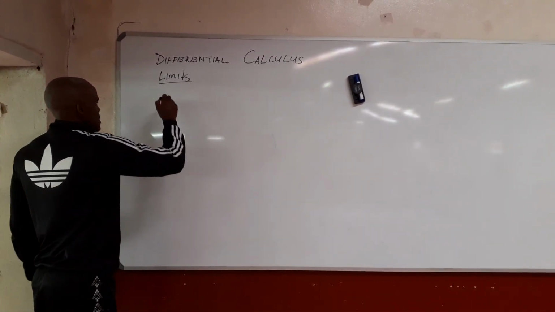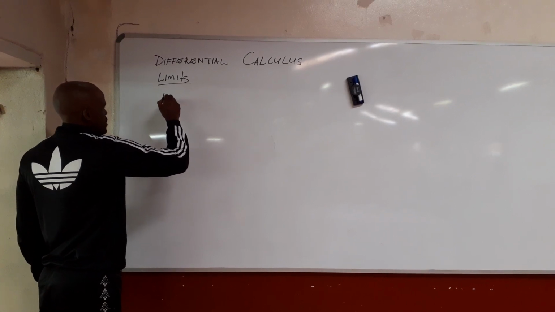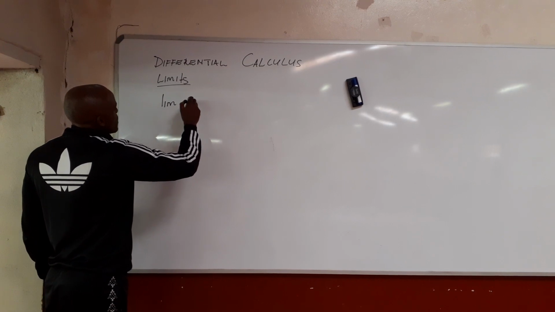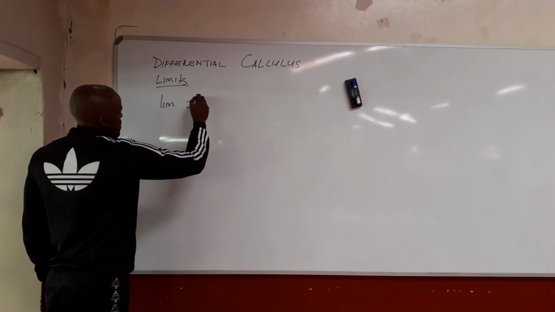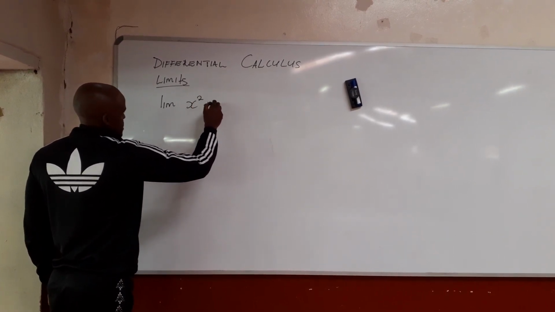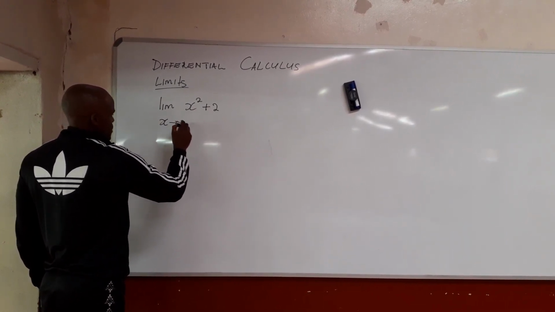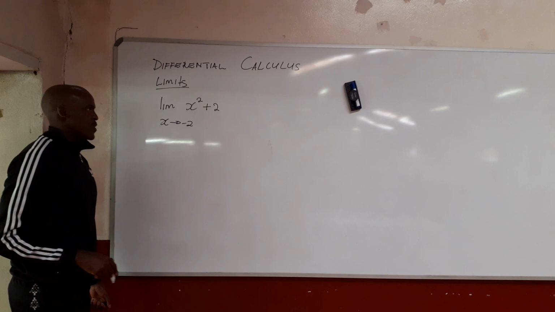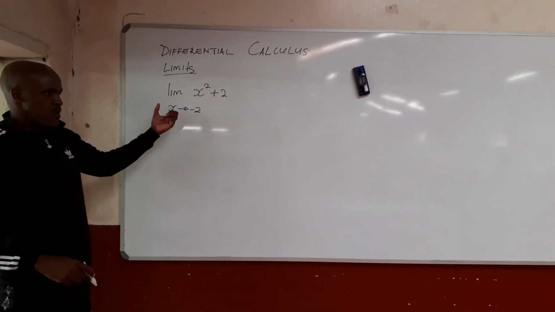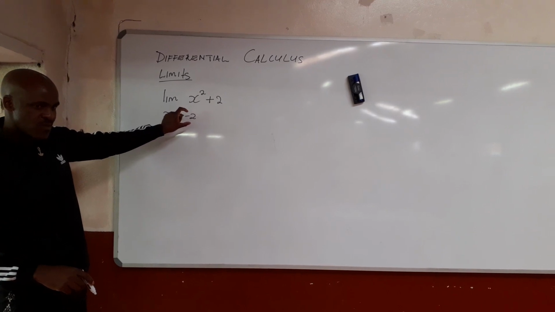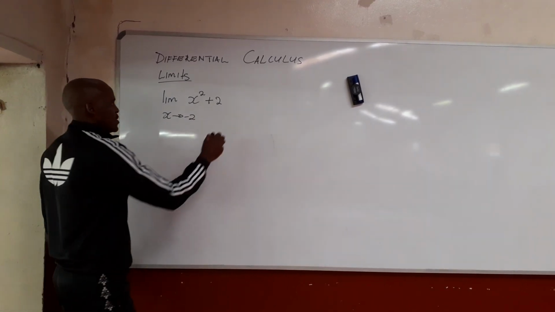For instance, you might find a question that says determine the limit of x squared plus 2 as x approaches negative 2. It's simple here. This means that in the place of x, you are going to put negative 2.